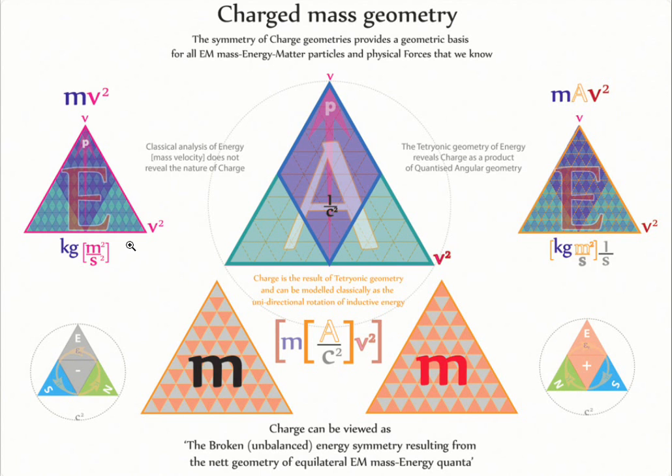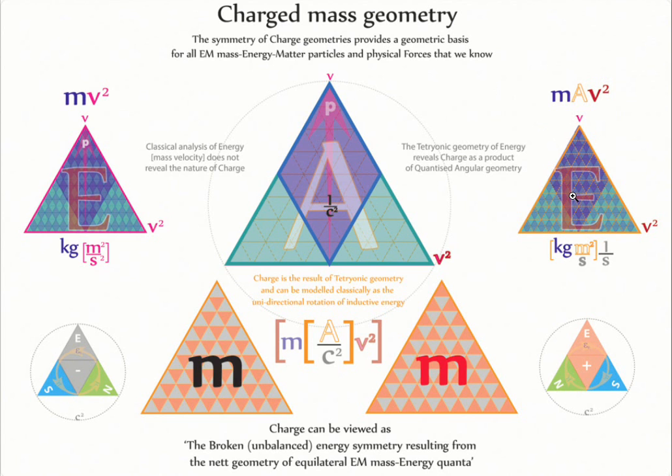Classical analysis of energy in Leibniz and Newton's case: Leibniz measured the scalar energies of the system, E equals mv squared, whereas most of Newton's formulations concentrated on changes in momentum, linear momentum particularly, in which case he was looking at the square root, mv. Scalar measurements are shown clearly with the Tetryonic geometry in this case.